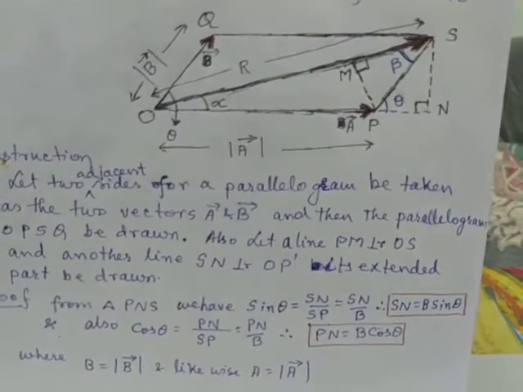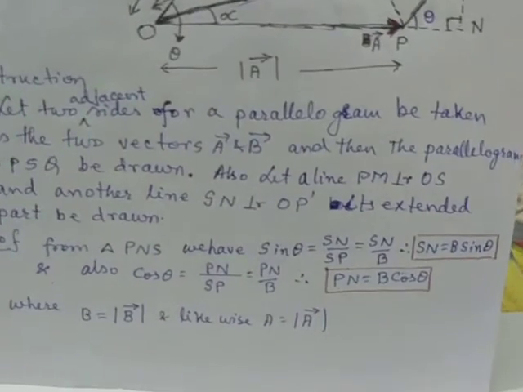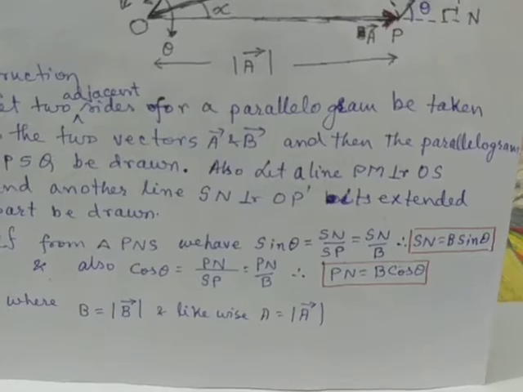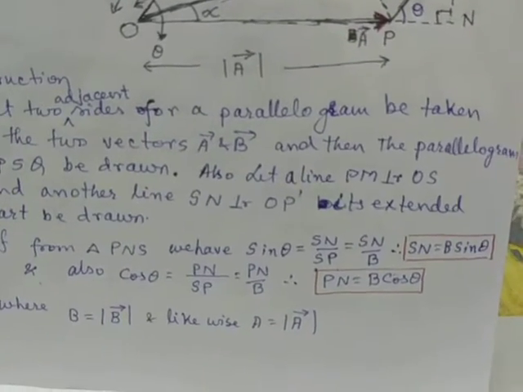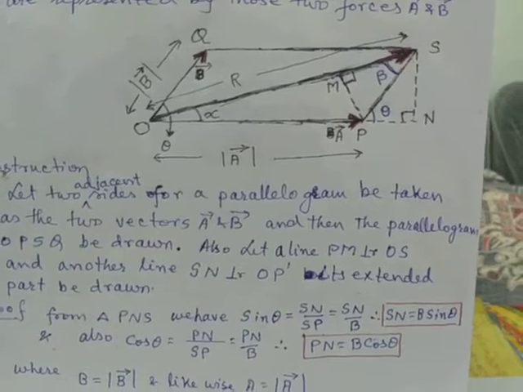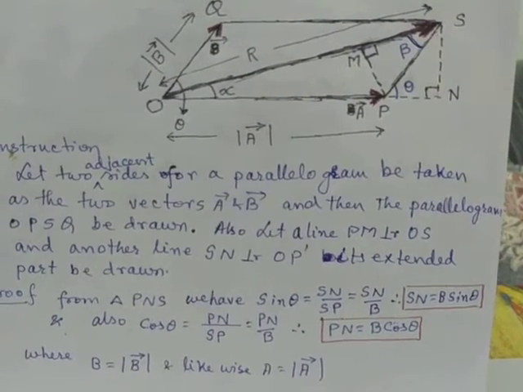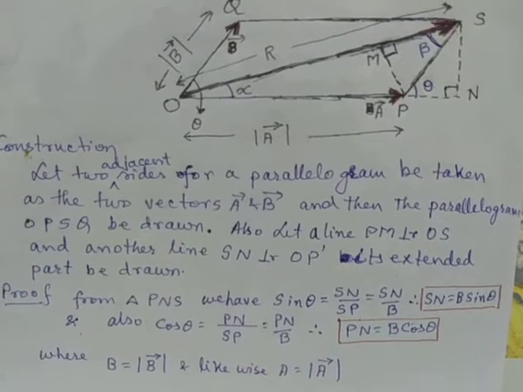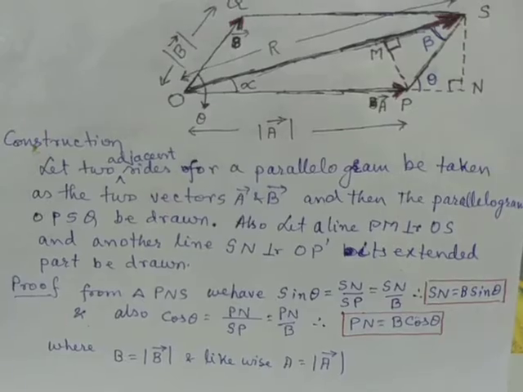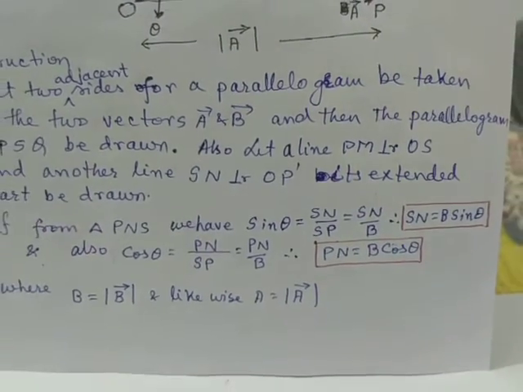And so from this triangle SPN, we have sine theta equal to perpendicular upon hypotenuse. Perpendicular is SN and hypotenuse is SP. SP is nothing but it represents vector B. So we have SN equal to B sine theta.